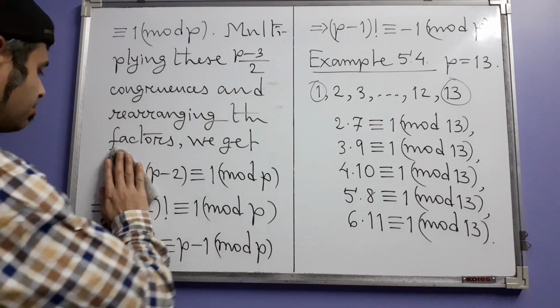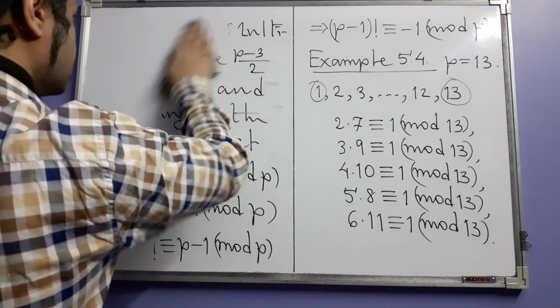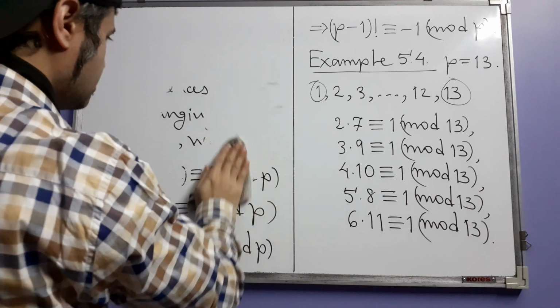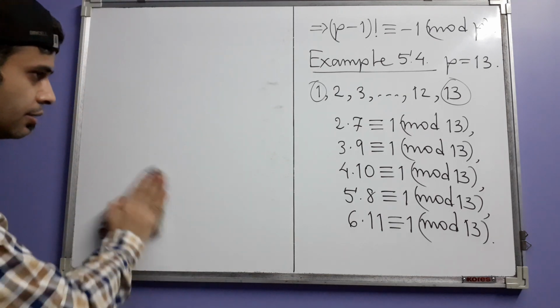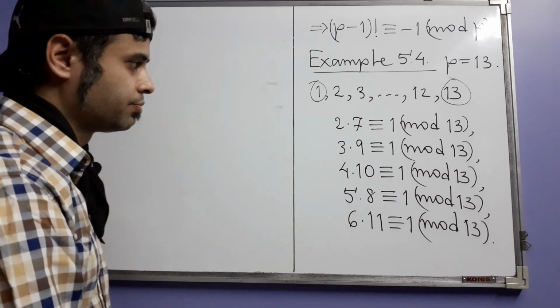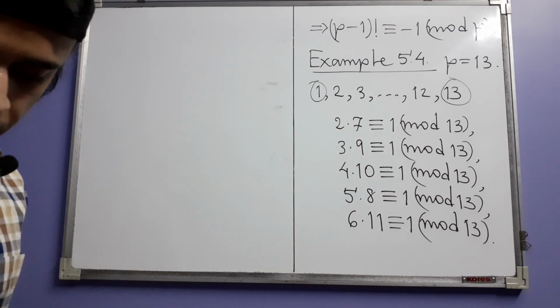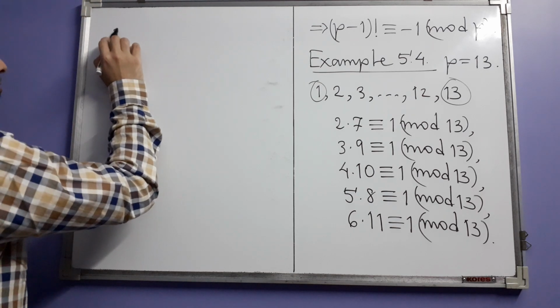Now if you multiply these congruences, you can see that these numbers between 1 and 13, excluding 1 and 13, have come in whatever manner. So if you now multiply these congruences and rearrange the terms, what will you get?